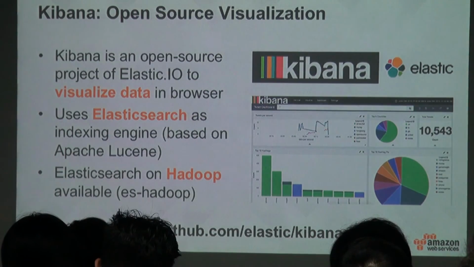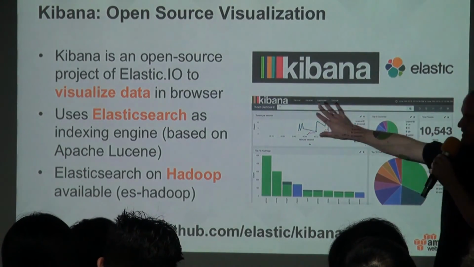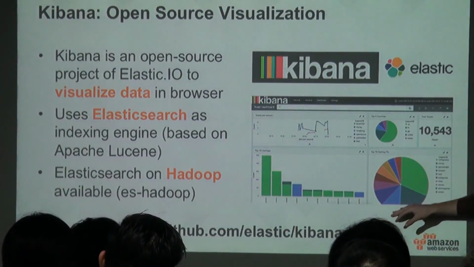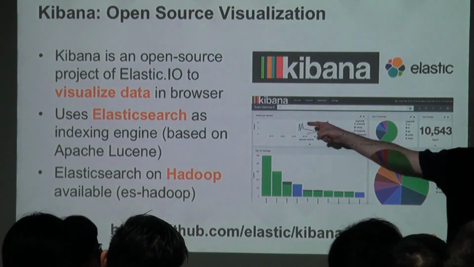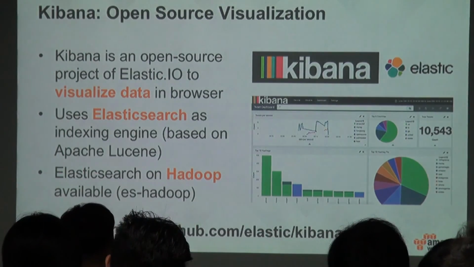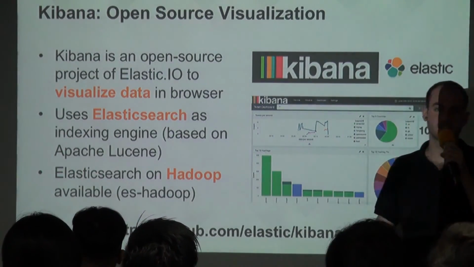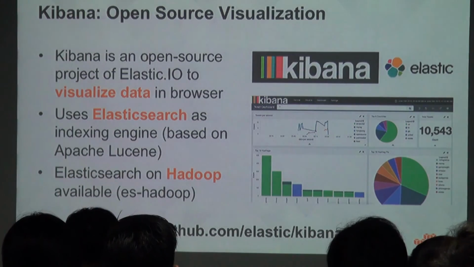And it's an open source project that allows you to do nice visualization in browser like this by tapping on an indexing engine, which is Elasticsearch, which is based on Apache Lucene, another open source project that has been around for, I think, over 20 years now, nearly.